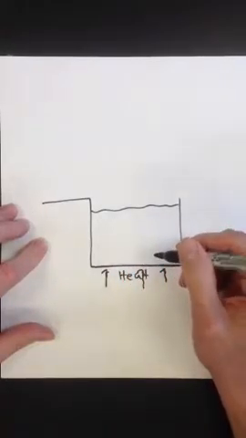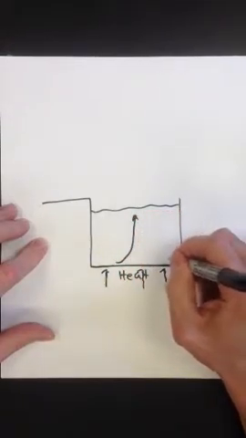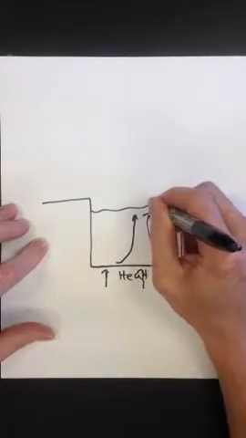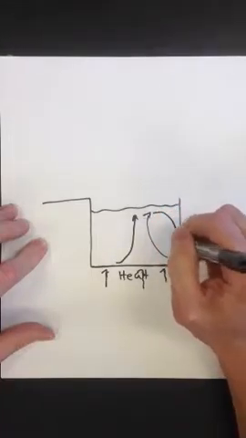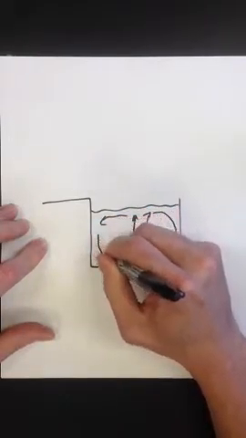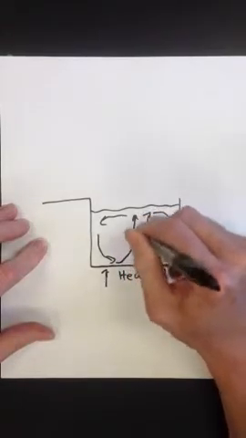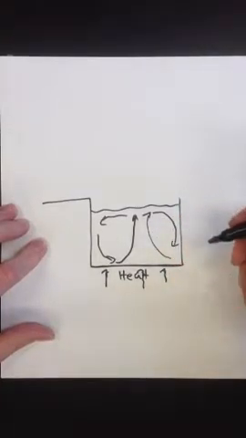And if it gets hot, it becomes less dense, and as it becomes less dense, it rises up. And then it releases that heat at the surface, and then it cools off and becomes denser and goes back down. And what happens is you set up these little circulation currents or convection currents. So that's what convection is.